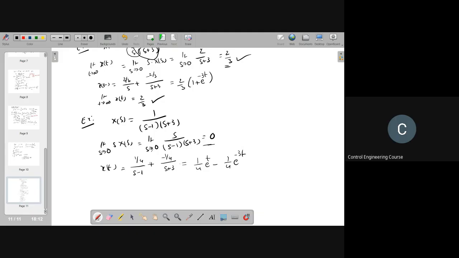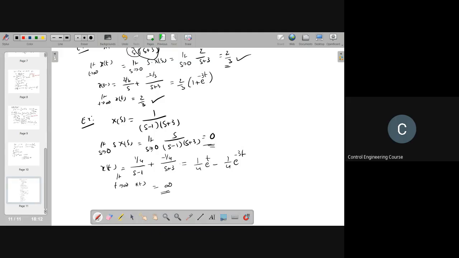So it is clearly showing that as t tends to infinity, x of t is equal to infinity. So the system is unbounded. So the final value is infinity, but the theorem shows it is 0. So you can't use the final value theorem if you have poles in the right half of the plane.